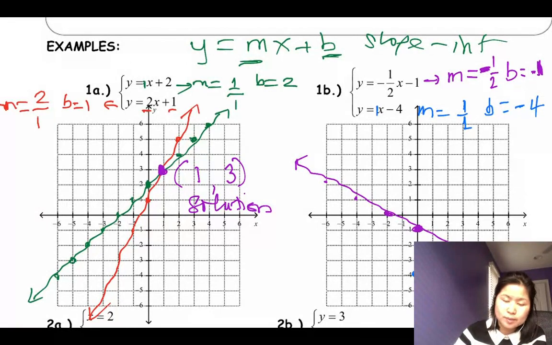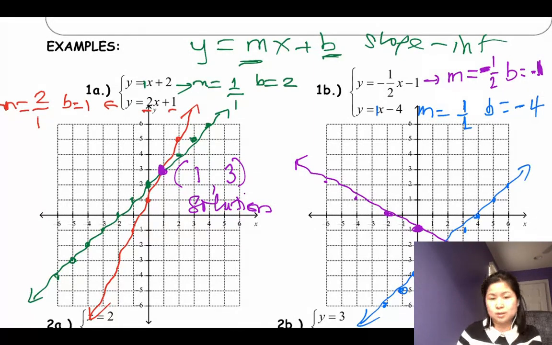The slope is positive 1, so up 1 over 1, up 1 over 1, up 1 over 1. You don't have to put the dot for all of them, but I like to do that so my line is straight. So this way is touch, so this answer is 2, negative 2. So this is my solution.